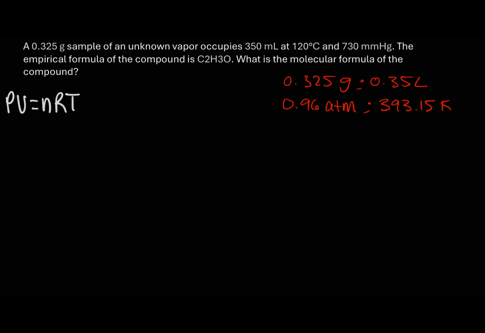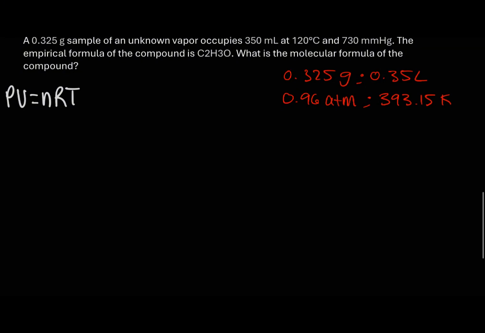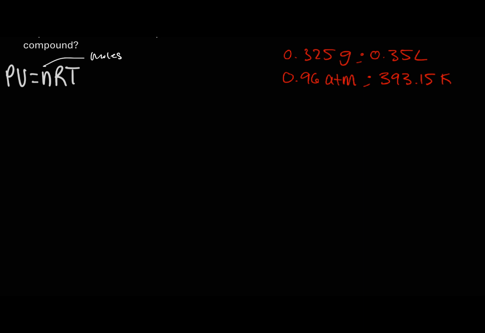Now that we know what we have to plug in, we can go ahead and do that. But first, we need to know that we are solving for moles, because that is what you need for your molecular formula. Therefore, we can just do some simple algebra and move RT to the other side and solve for n, and that is what we will be plugging into.